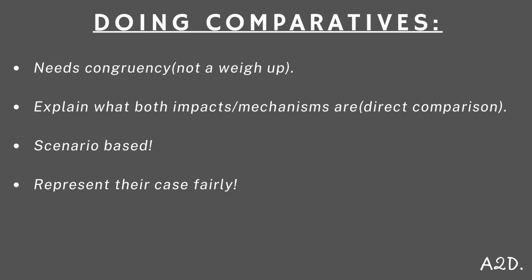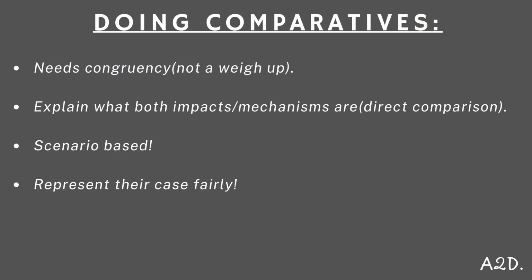The second thing is that in order to effectively do comparatives, in order to make them super impactful, you have to show a direct comparison. So you're explaining maybe what are the two things that you're comparing. And usually, a lot of teams just leave it at mechanisms, at analysis, like, look, we're better at a safer space.